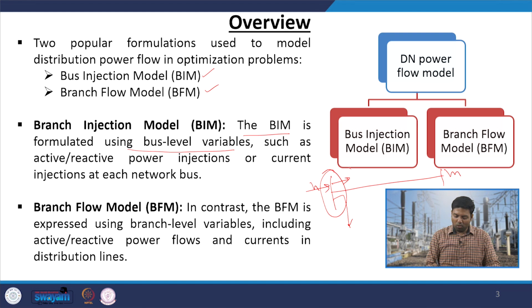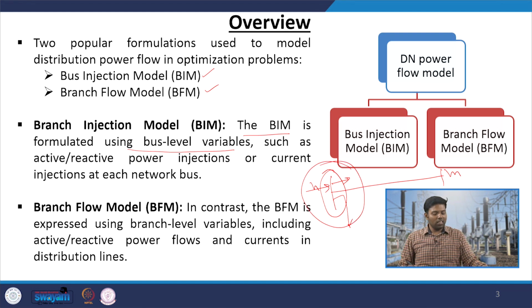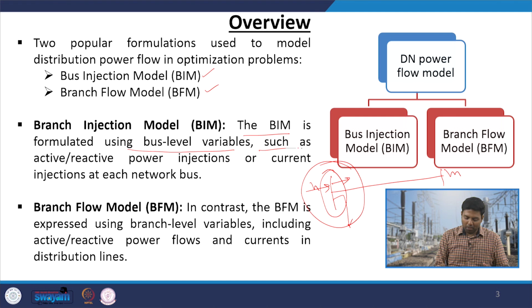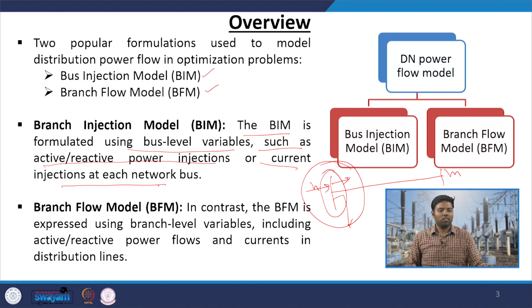So, what is the KCL at this bus? Generally that is the basis of developing the bus injection model. So, it uses bus level variables such as active and reactive power injection or current injection at each network bus, which mainly depends upon your KCL equation at each and every node or bus.